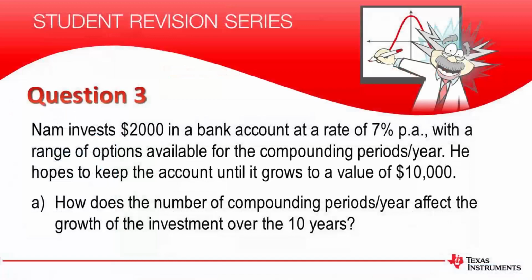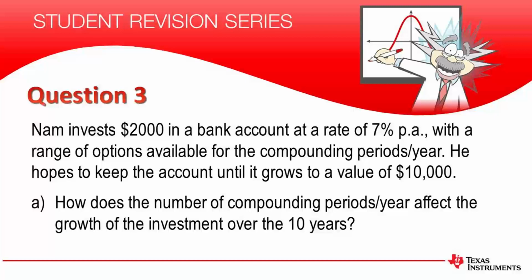So let's go back to the PowerPoint and look at problem 3. And now we get into the guts of financial applications of this geometric growth, looking at compound interest-based problems. So NAM invests $2,000 in a bank account at a rate of 7% per annum, and a few options are available for compounding periods per year.